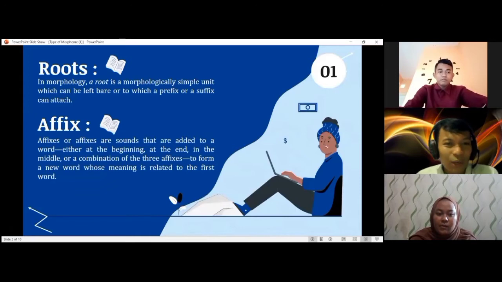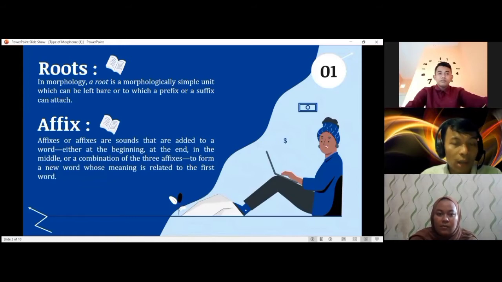Here are the roots. I will explain the definition of roots. In morphology, a root is a morphologically simple unit which can be left bare or to which a prefix or a suffix can attach. It can be concluded that the meaning of roots can be divided into three important things.